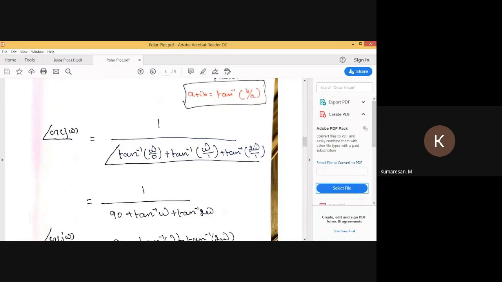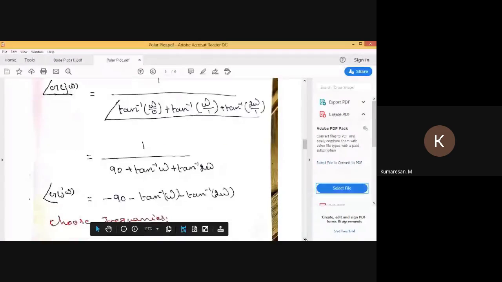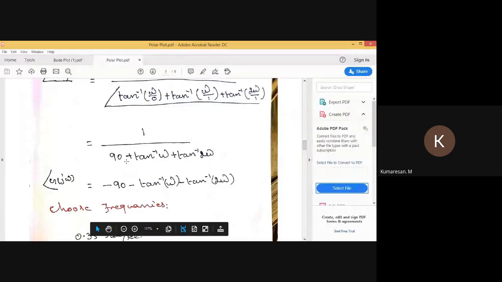Tan inverse of b by a means tan inverse of 2 omega divided by 1. So finally we get the angle equal to 1 divided by 90 plus tan inverse of omega plus tan inverse of 2 omega, and this function is in the denominator.